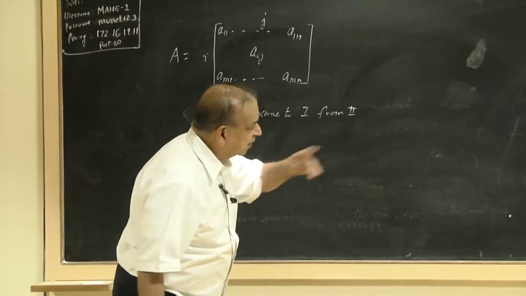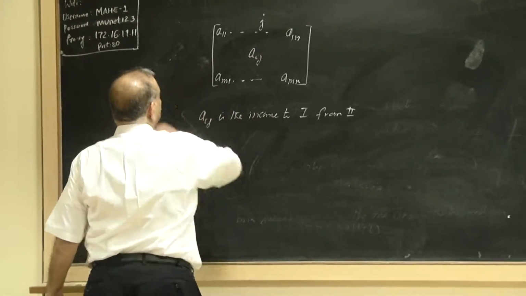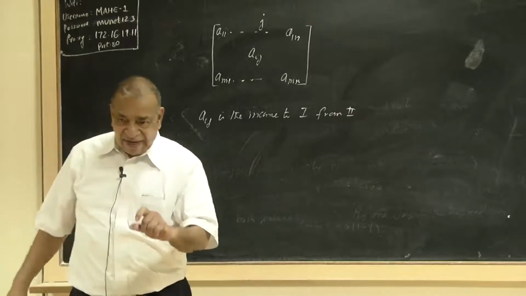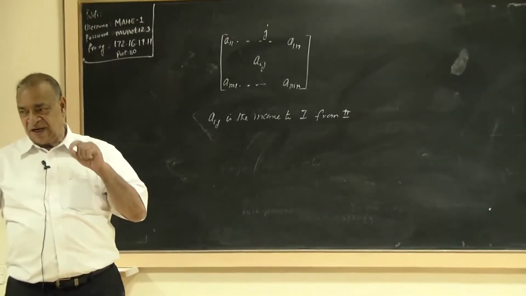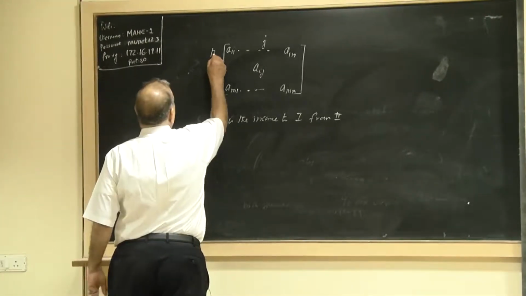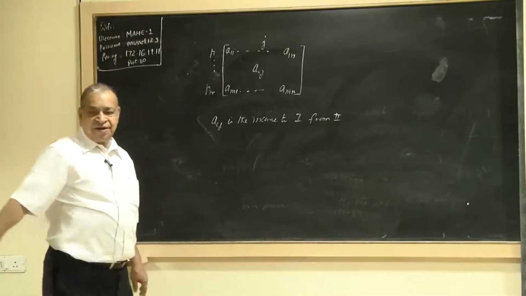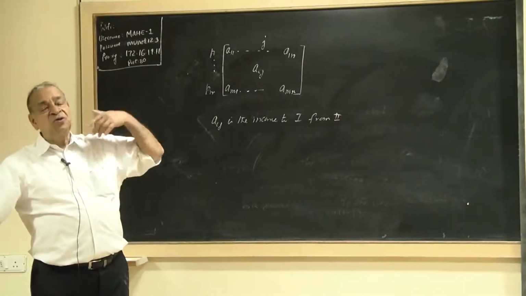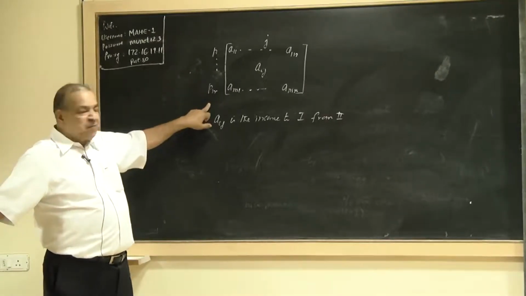So player 1 says, I am going to use a random mechanism to select the rows with probabilities P1, P2, ..., Pm. These are the probabilities of selecting the rows. And he tells player 2, I am going to use this probability mechanism. I can tell you what is P1, what is Pm.